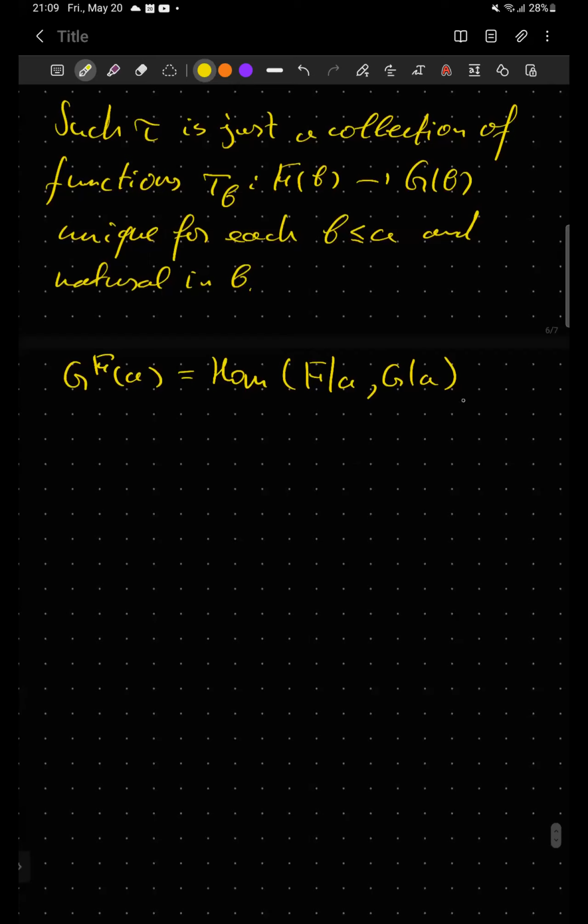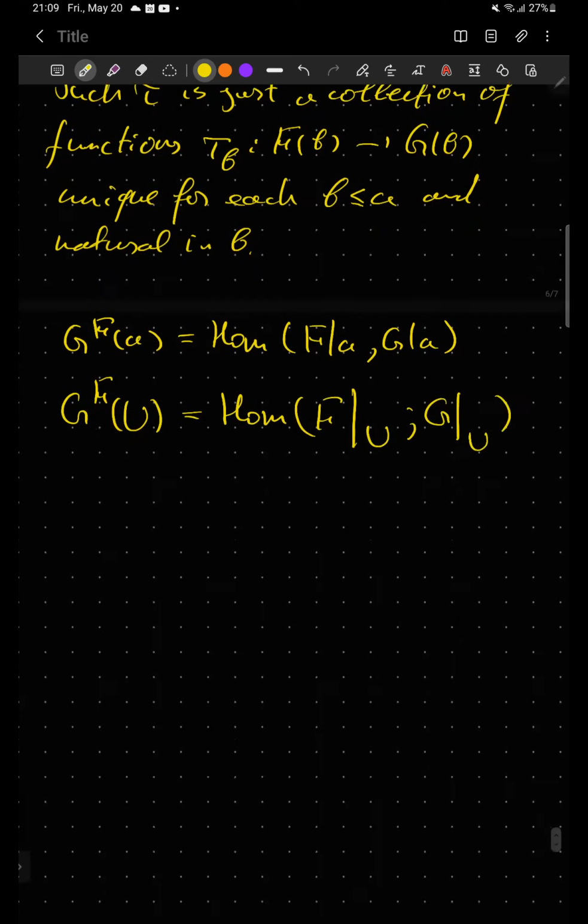So this formula is in agreement with the formula for topological spaces, where for two sheaves G to the power of F of U is the same as natural transformations of sheaves restricted to the open subset U.